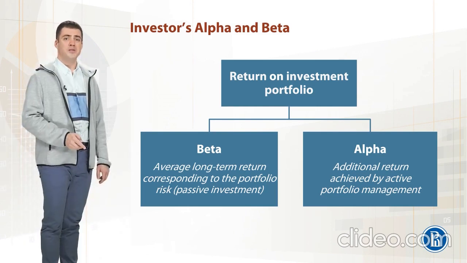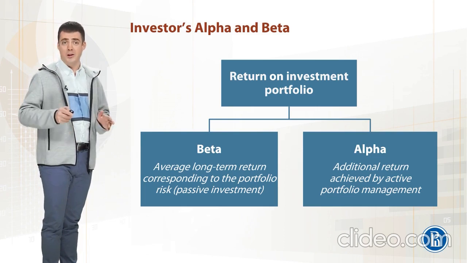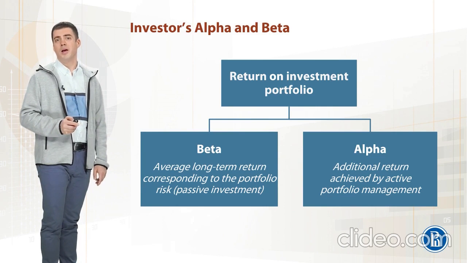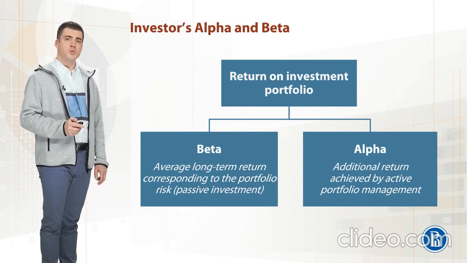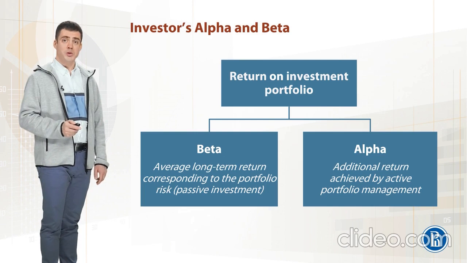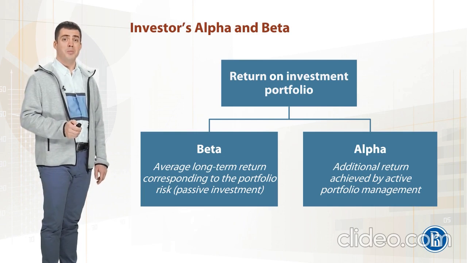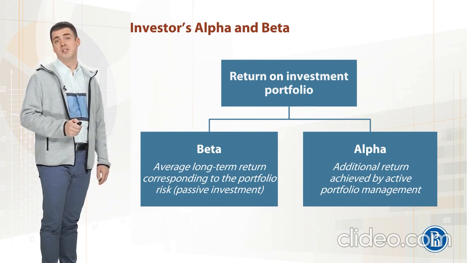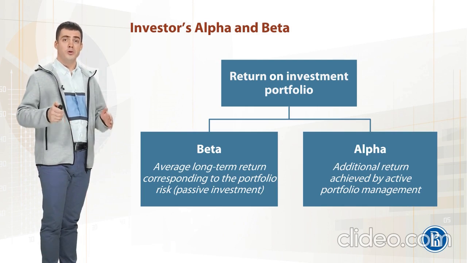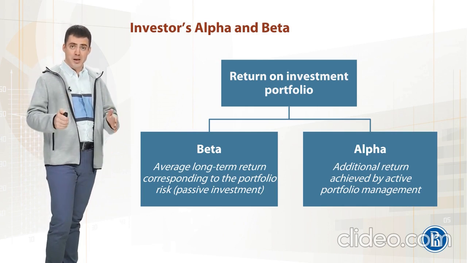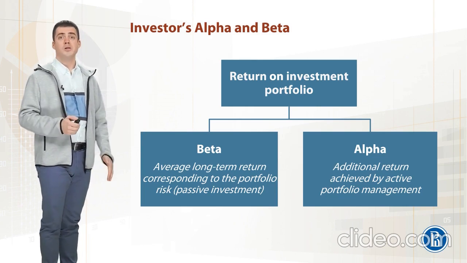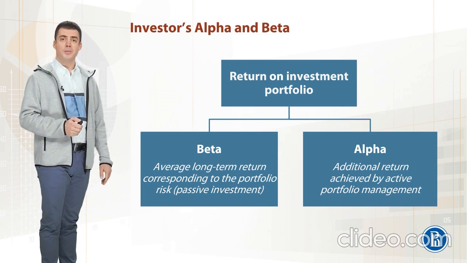If you are a passive investor holding an investment portfolio, in the long run you will be achieving the average return, which corresponds to the expected return forecasted by the CAPM, which can be worked out using the portfolio beta. So that's why beta is another word for the long-term return of a passive investment portfolio corresponding to its sensitivity to the market return in general.